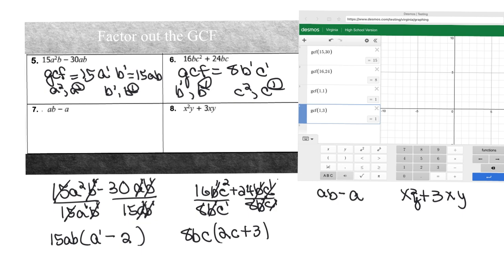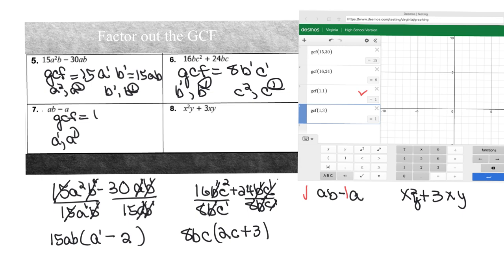Okay, on the next example, we have ab minus a. There are no numbers, but they are understood to be ones. So when you type into Desmos, you find the GCF of 1 and 1, and it is 1. So the number part is 1. I have in the first term a to the first, in the second term a to the first.